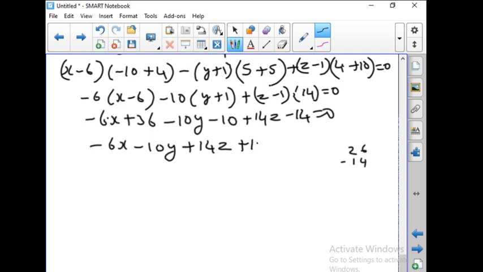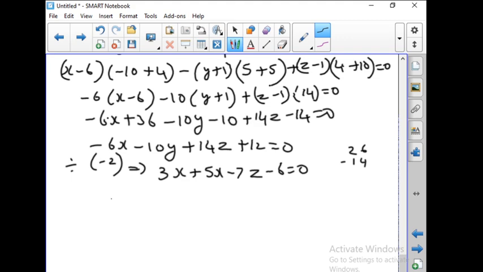So plus 12 is equal to 0. So divide throughout by minus 2, we get 3x plus 5y minus 7z minus 6 is equal to 0.